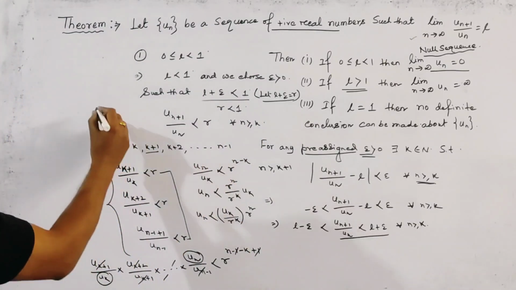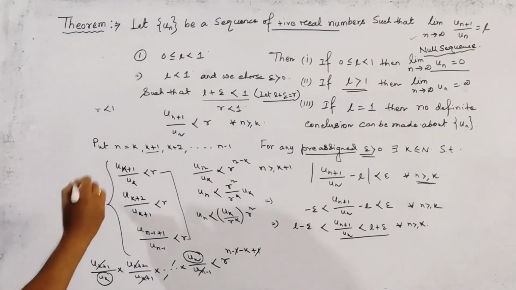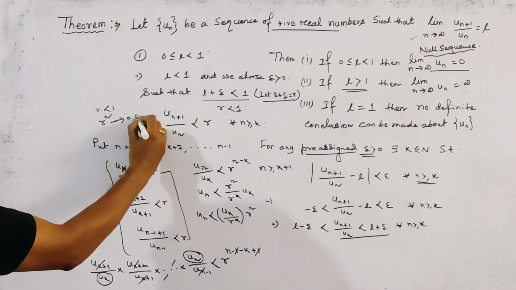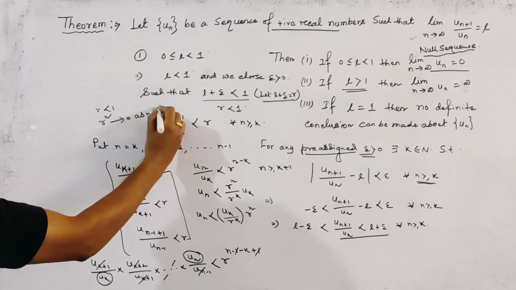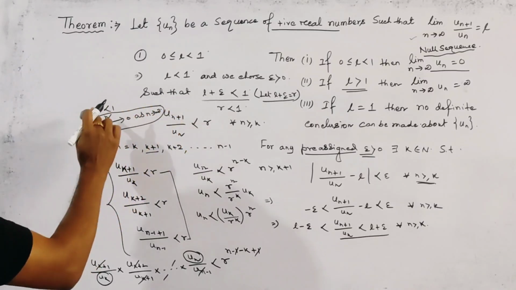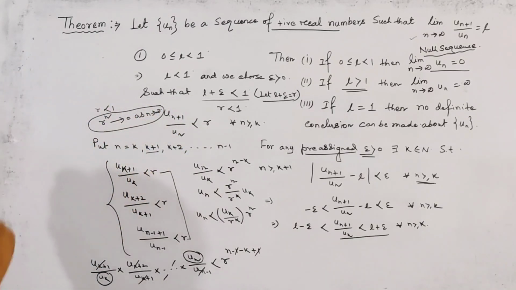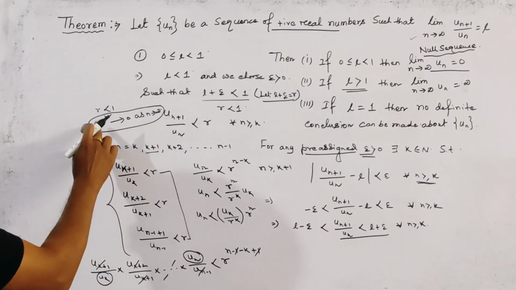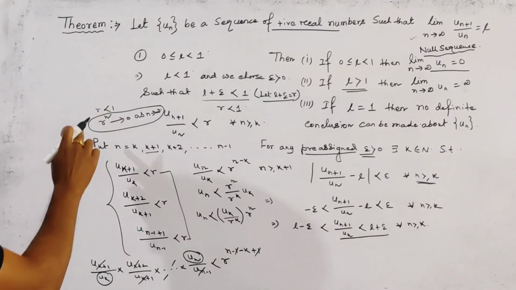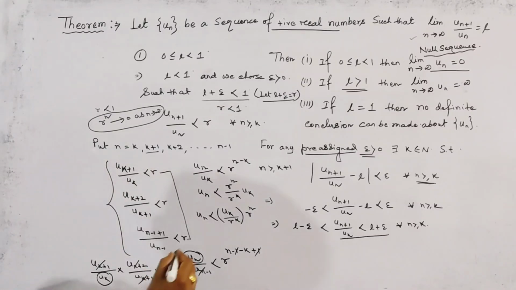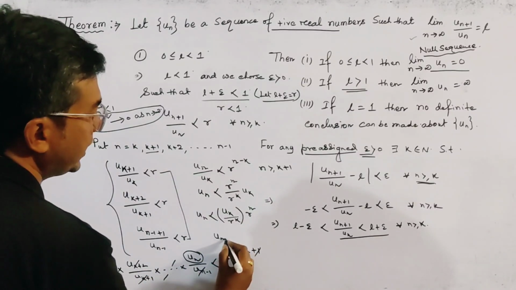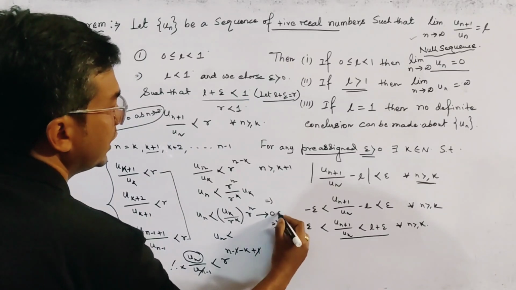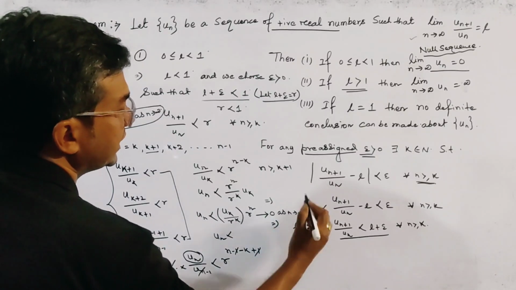Okay, and since r is less than 1, we know that r to the power n tends to 0 as n tends to infinity, because if r is positive and less than 1, then if we increase the power of r, the total value decreases to 0. So we can write that un is less than this term, and this tends to 0 as n tends to infinity.